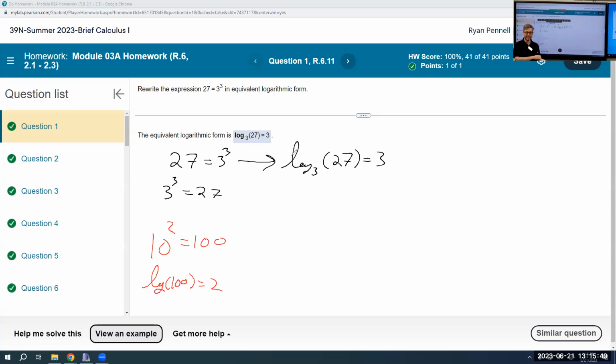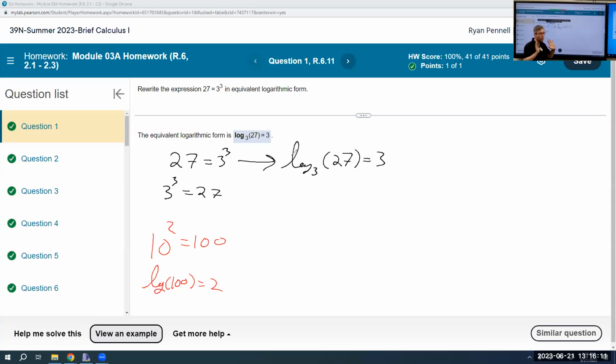I talked about base 10, which is on your calculator. It's also on your phone calculator as well. I know that on my phone calculator, I have to tilt my phone to the side and I can get both of those. It's on my laptop as well. So you have those buttons. So I thought I would mention this.